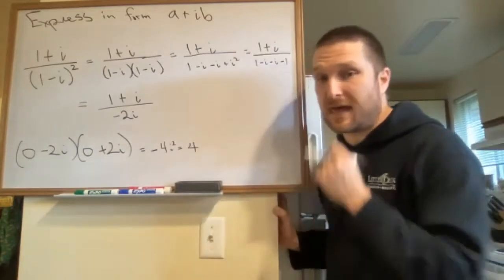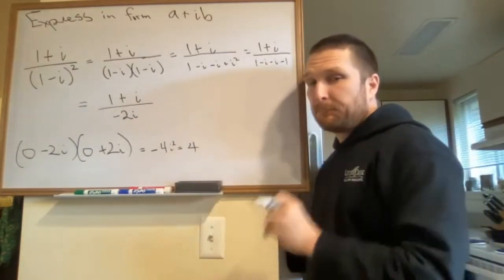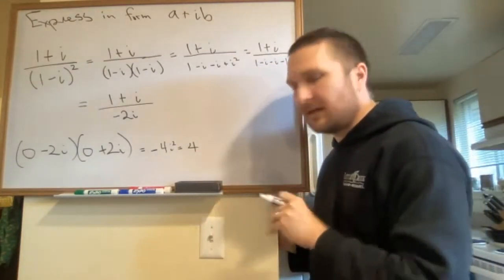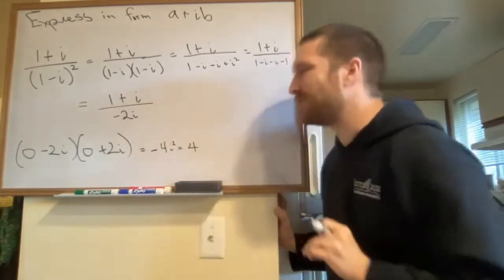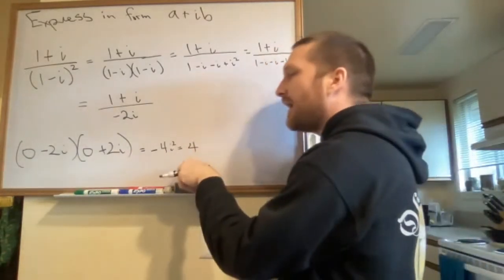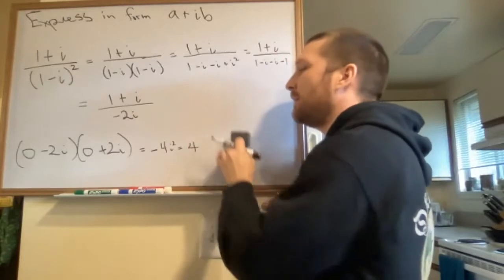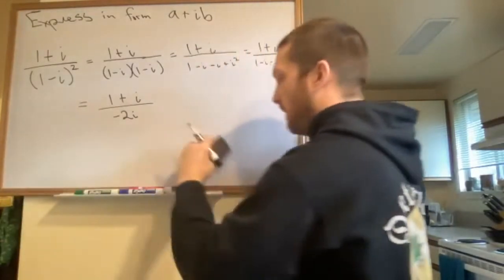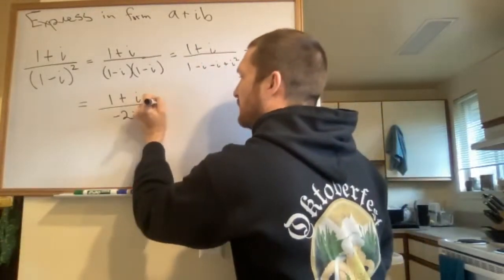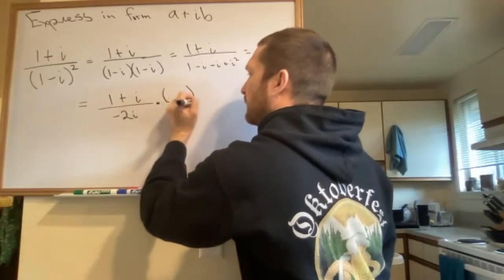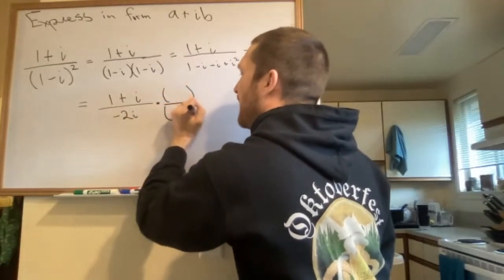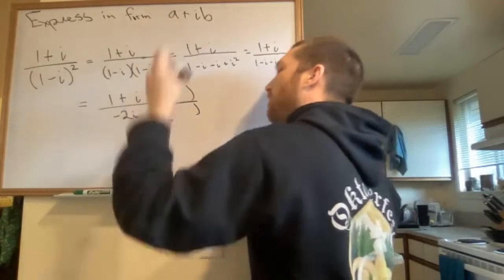We could do it that way. In fact, I want to drive this point home. Let's do it that way. Let's multiply the top and the bottom by its conjugate. And so the conjugate of minus 2i is plus 2i.